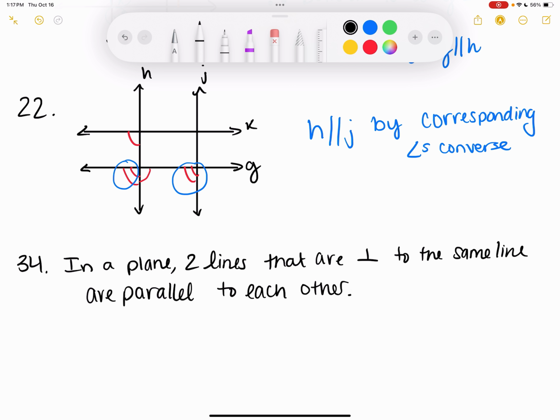Is this always true, sometimes true, or never true? Always true. Yep. Why? So we don't have to put that, I'm just talking through it.